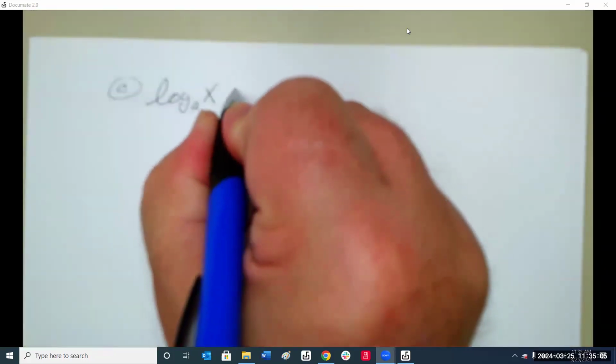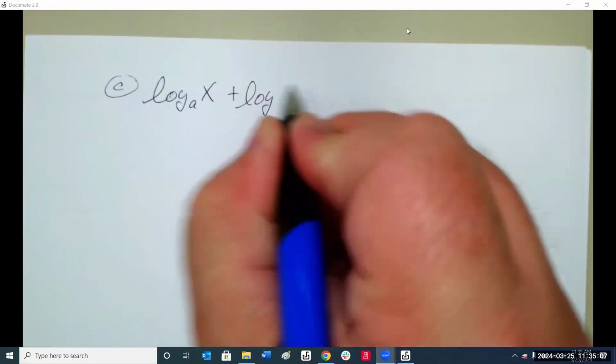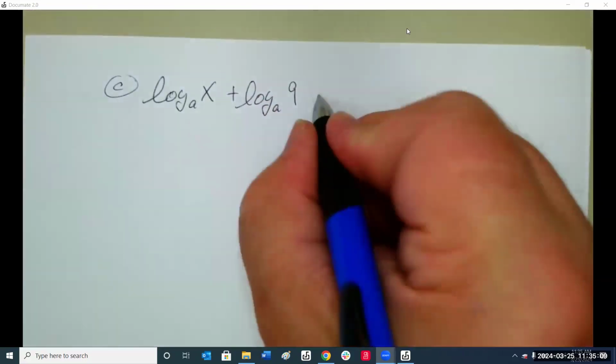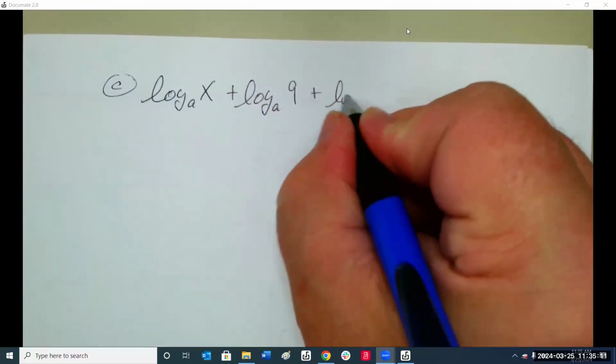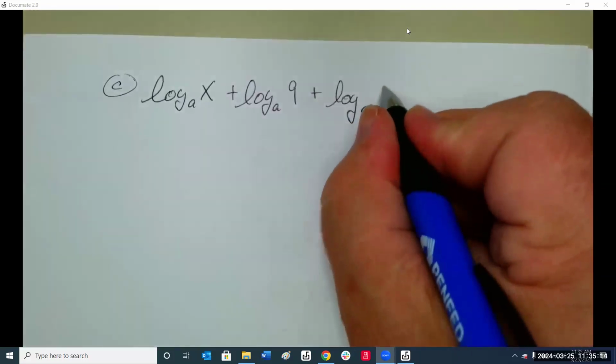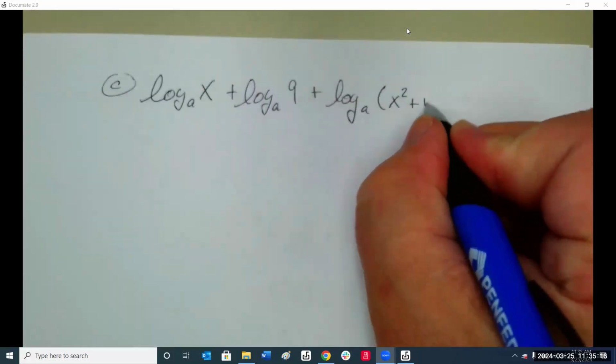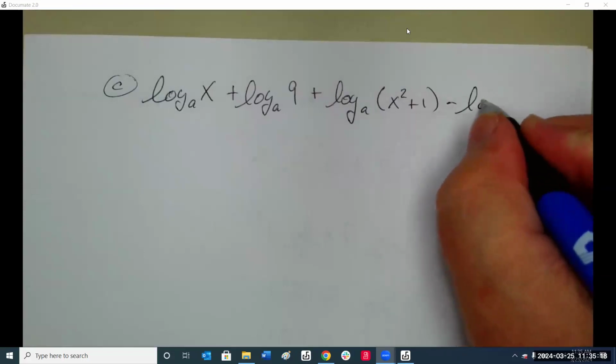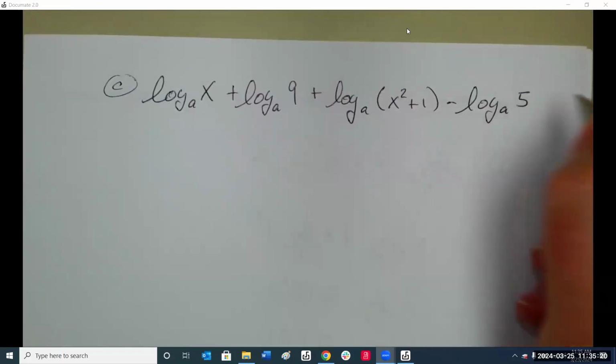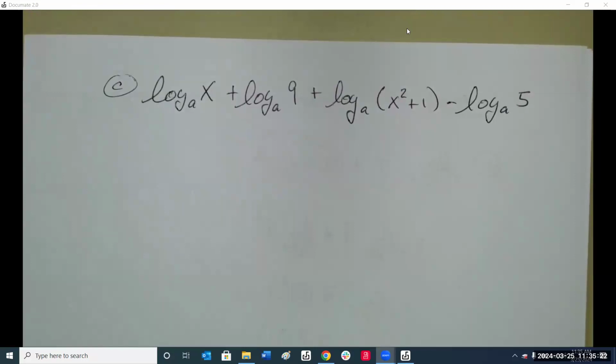Log a x plus log a 9 plus log a x squared plus 1. Actually, that's similar to what I just did.